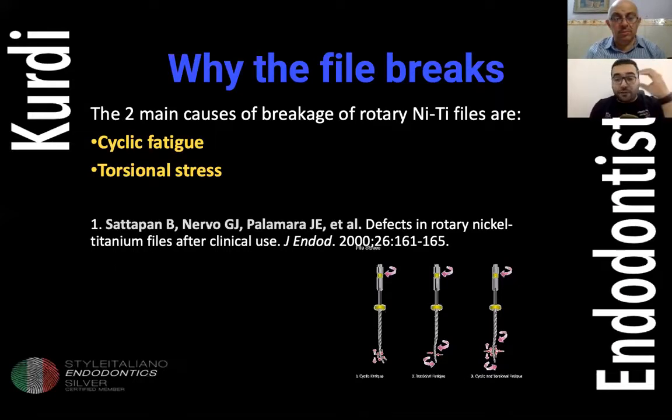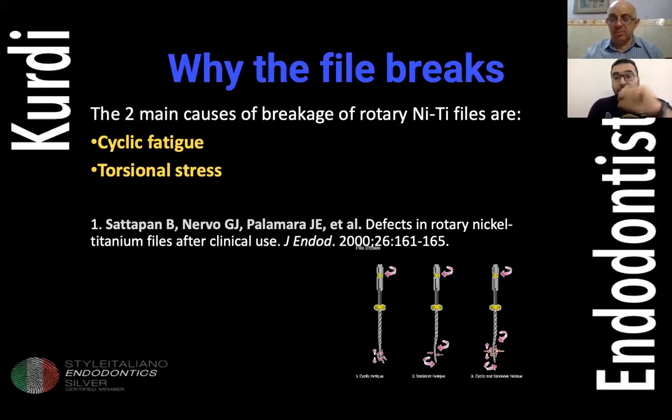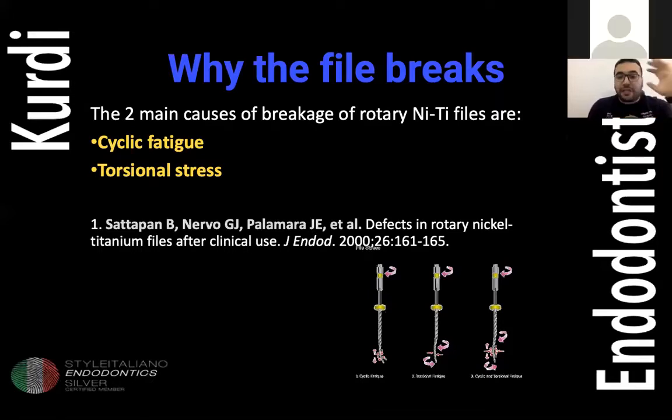But torsional stress and cyclic fatigue, by the way, as I said, occur mainly due to overuse. But torsional stresses can happen with files that you use for the first time.